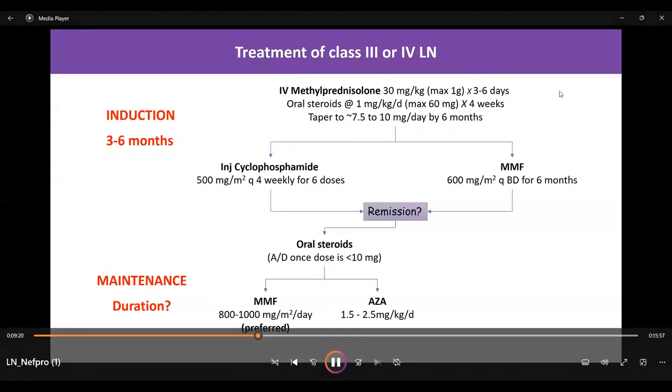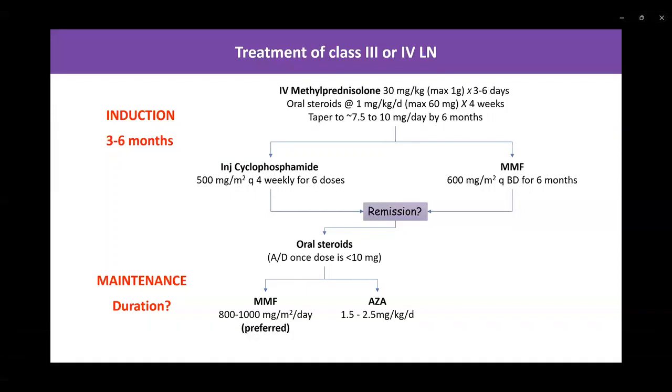So the goal of induction is to induce remission by controlling inflammation and minimizing parenchymal injury. And the goal of maintenance is to prevent kidney flares and progression of chronic kidney disease.